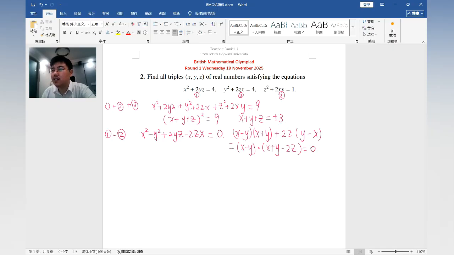Okay. So from here, this is factorization. We know x equals to y, or x plus y equals to z. Okay, so now we have two conclusions from the previous three equations, and we have three unknown alphabets.